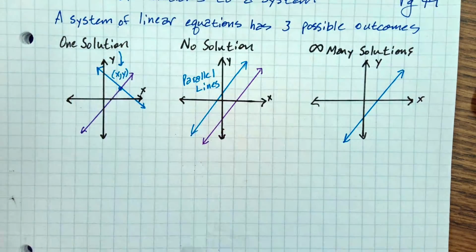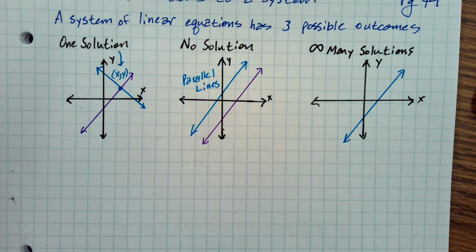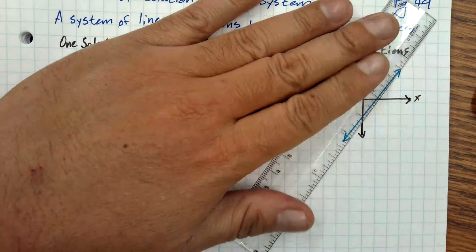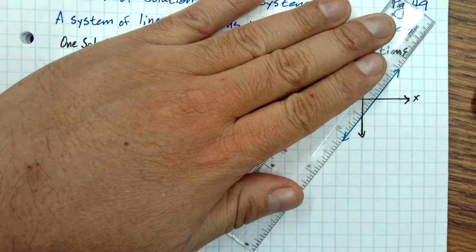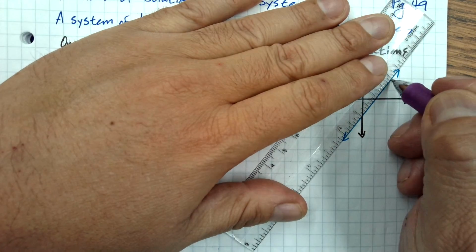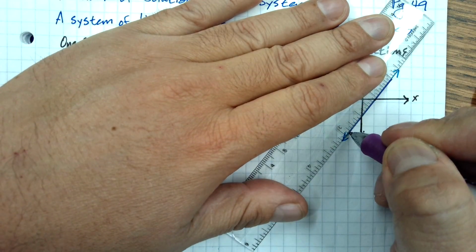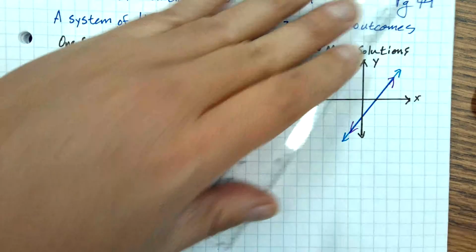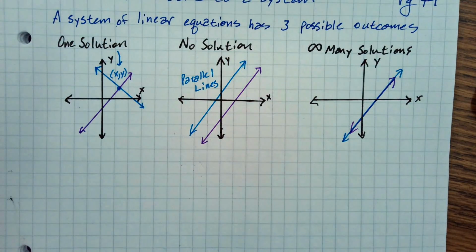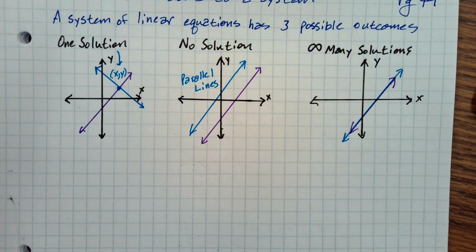And I graph my second line, and it coincides. Basically, they're on top of each other.